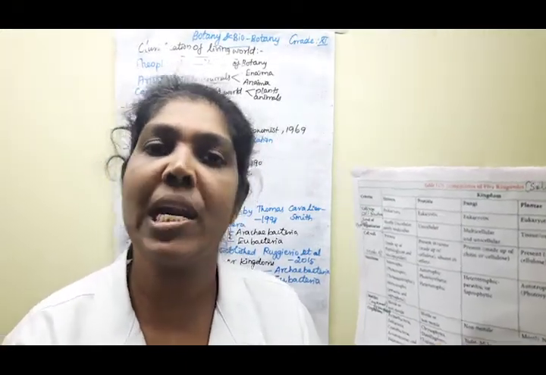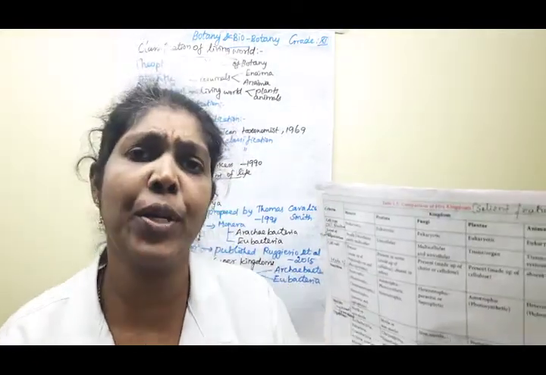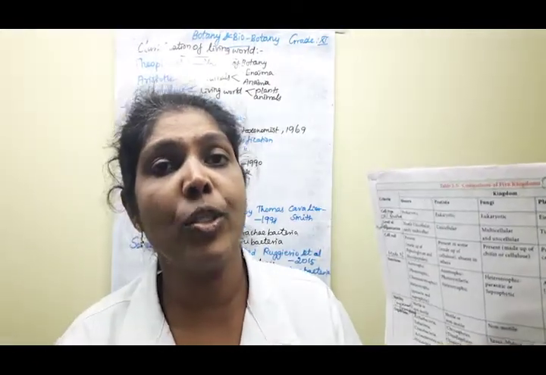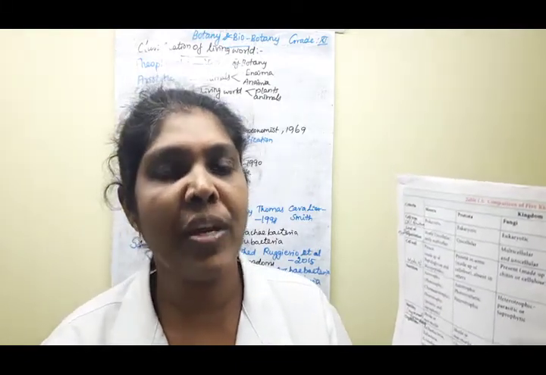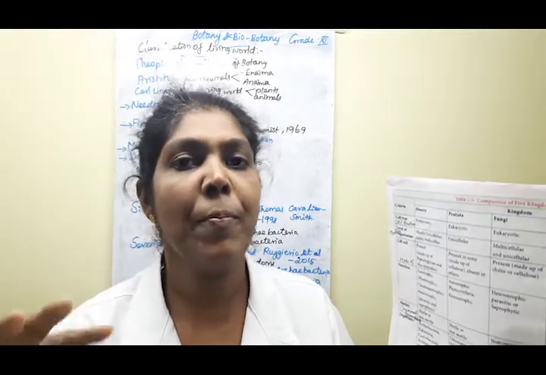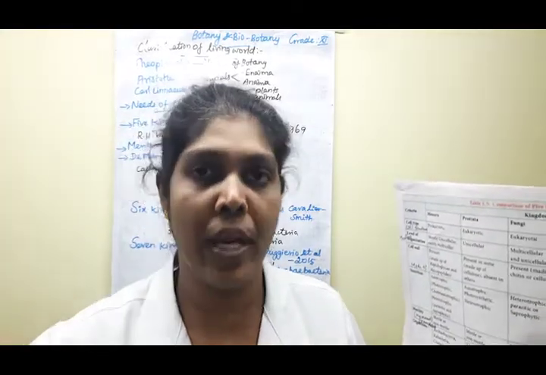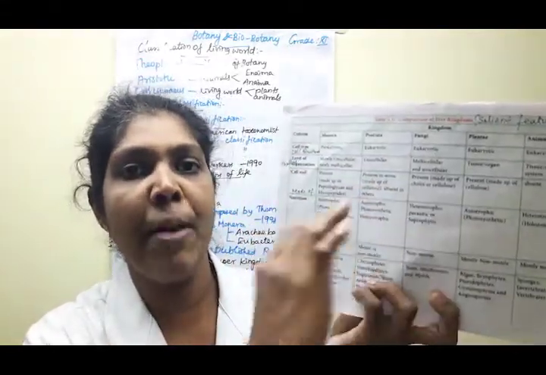Nutrition means mainly phototrophic and, very good, heterotrophic. Phototrophic is also of two types: photoautotrophic and photochemotrophic. Clear? Suppose animals, that is the holozoic mode of nutrition. Like this only they are giving point-wise.